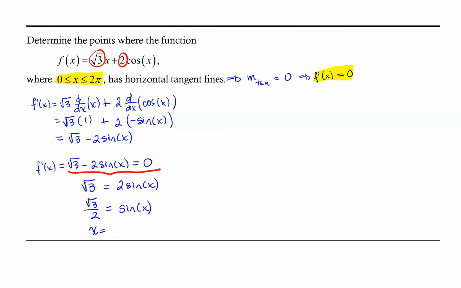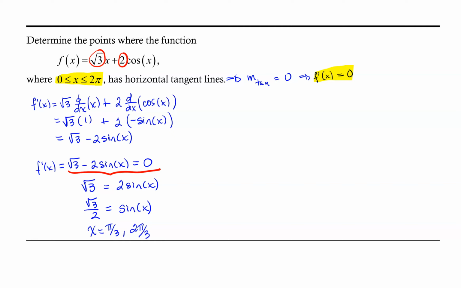So when I am looking for the values of x that produce a sine of square root of 3 over 2, those values of x are in radians. And so sine of x is equal to square root of 3 over 2 at pi over 3 radians and at 2 pi over 3 radians.